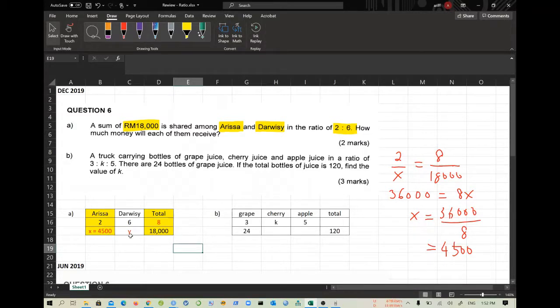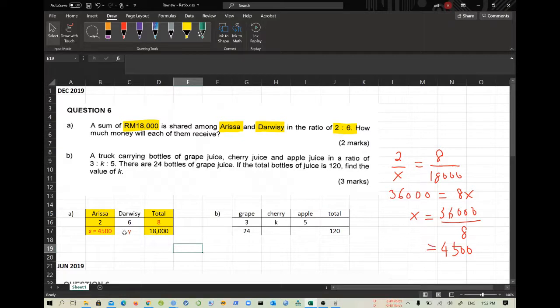Since the question asks how much money each of them will receive, you have to find the value for Arisa and also Darwisi. Since you already know the value of x, you can just find y by simply subtracting 4,500 from 18,000, or you can use the same method as this one.